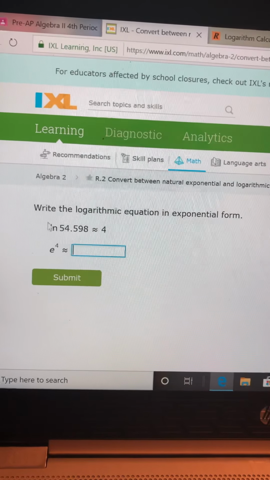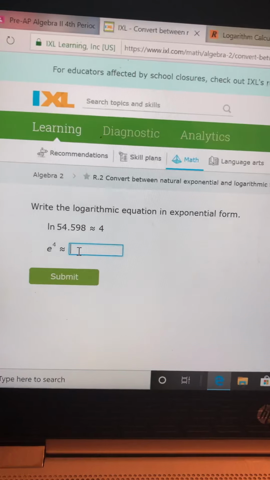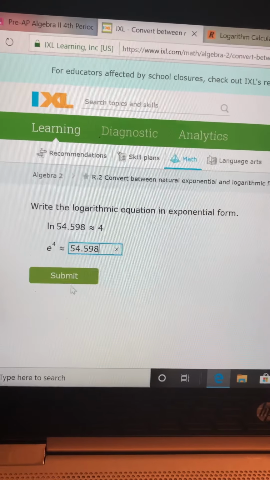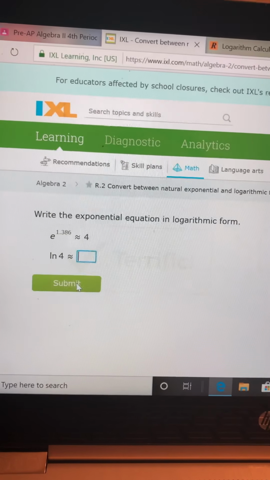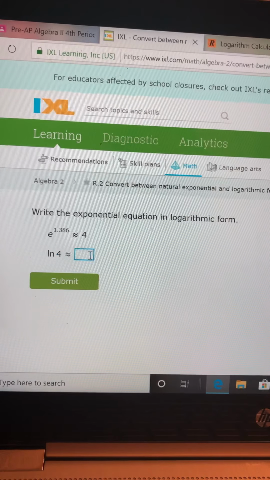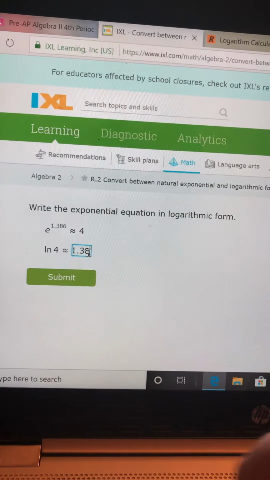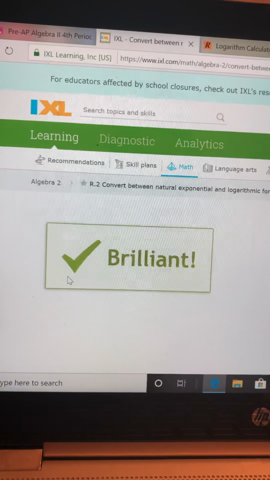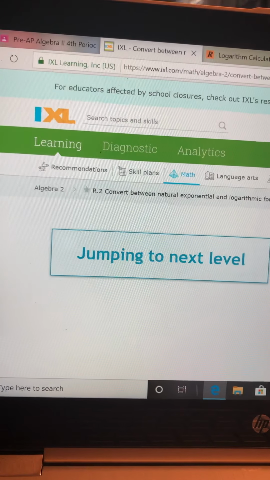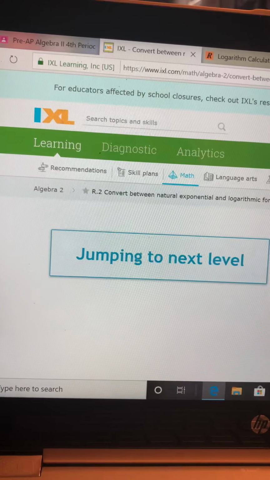All right, this one, ln and e are the same thing. So the 4 has already been used, so 54.598 goes here. All right, ln and e are the same thing. 4's been used, so 1.3386 goes here. Let's skip on ahead and see if they look any different, because that's the same thing again. Same thing.